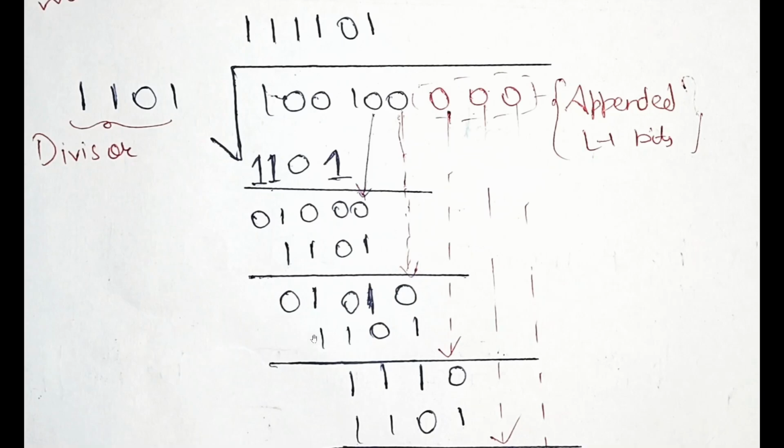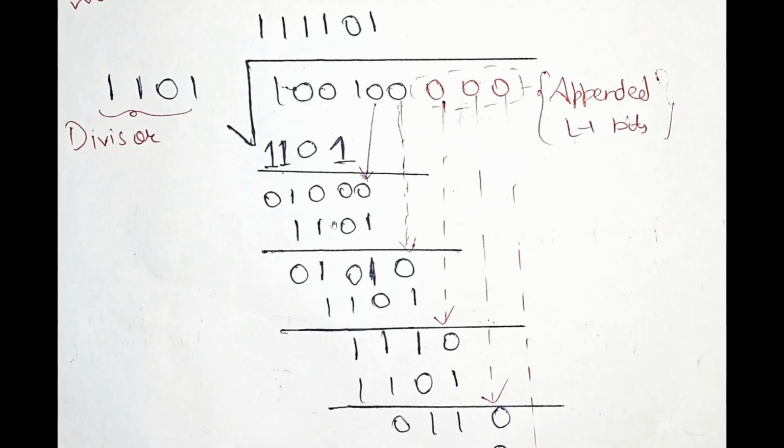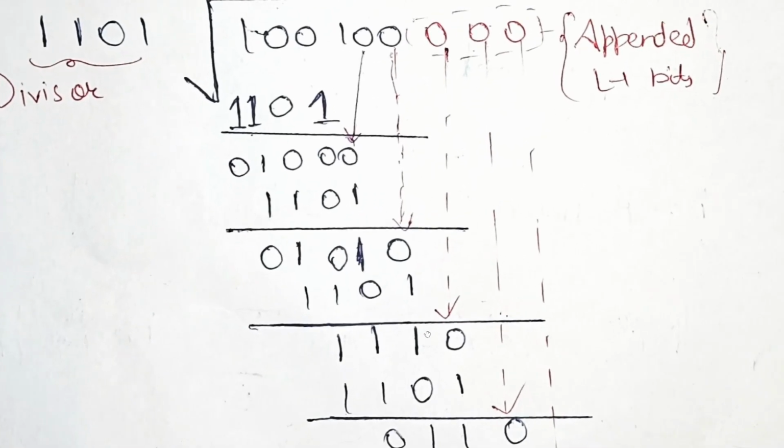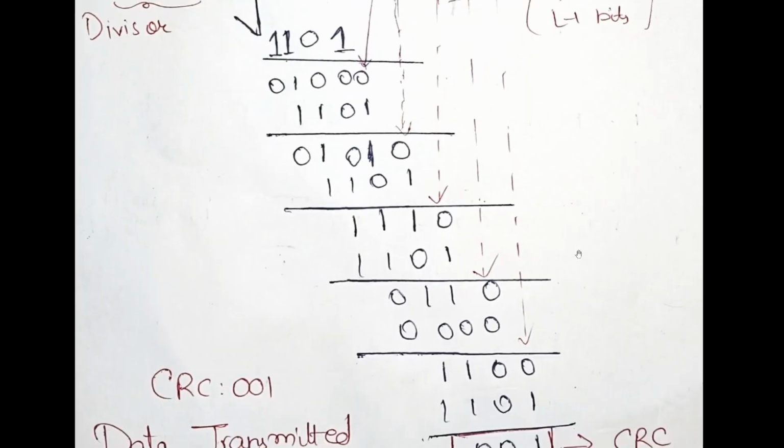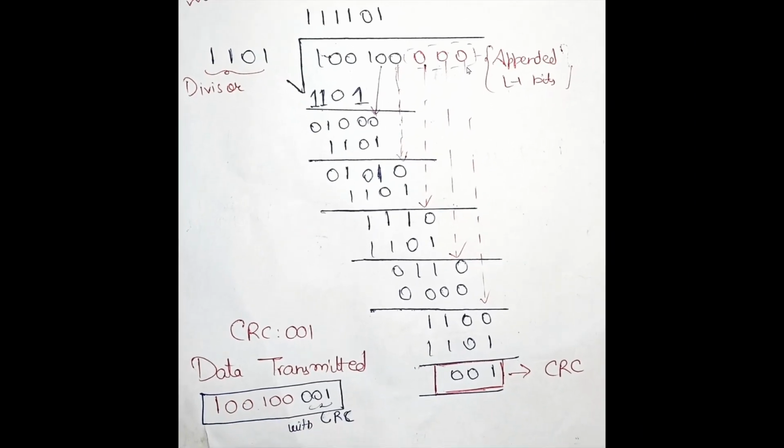This came out to be the outcome. Again, because it is less than 1101 and it has fewer bits than the divisor, we are going to take another 0 from above. We did this until all the zeros were taken from above. This was the last 0.